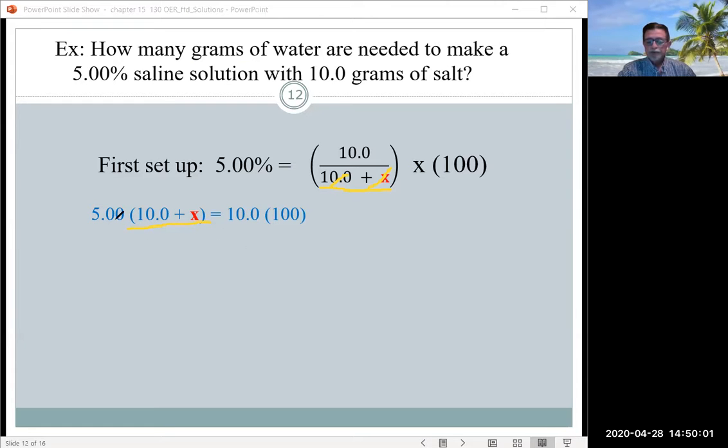So now at this point, you can do this in a number of ways, but what they did here was go ahead and multiply the 10 times 100 to give you 1,000, okay?